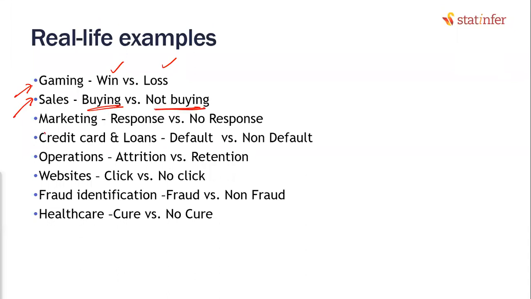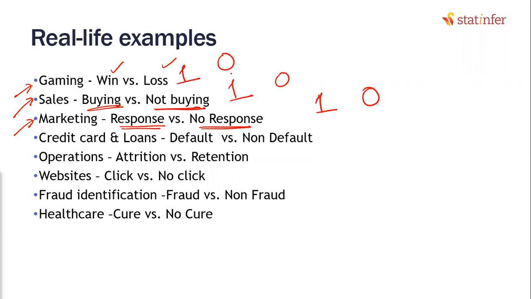In marketing, again based on the customer properties, profile details, and on-book data, you want to predict whether the customer will respond to your marketing call or not. That's it. Simple. Whether he will respond or not respond, buy or not buy, win or loss.